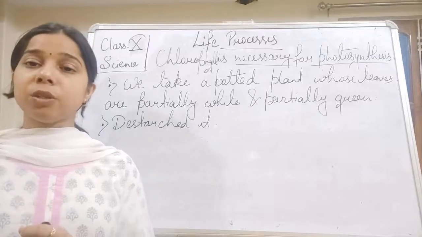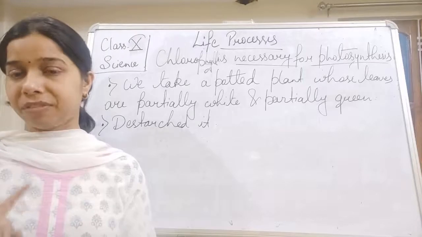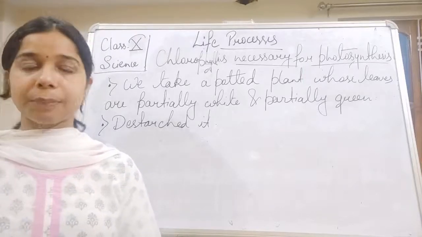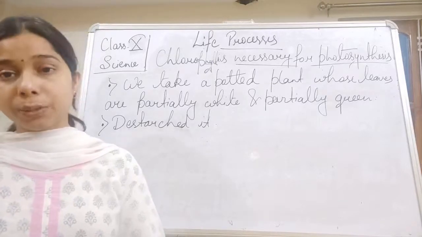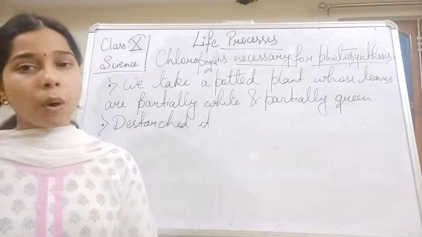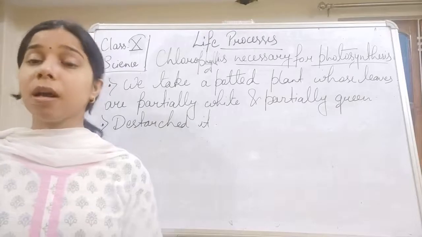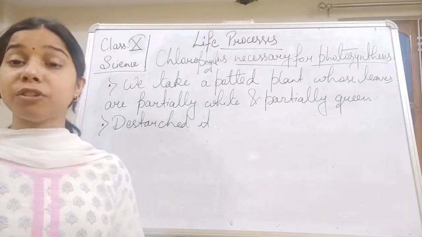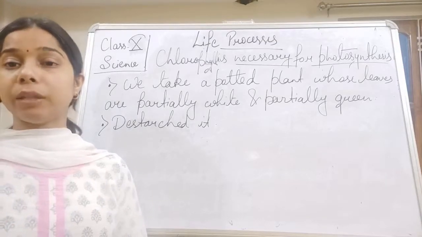Now after 3 to 4 days we will pluck the variegated leaf, the leaf which consists of white and green color. Now, student, we will do the iodine test by the same process. We boil it in water so that the cell membrane becomes loose, then keep it in alcohol in a water bath, boiling the water.